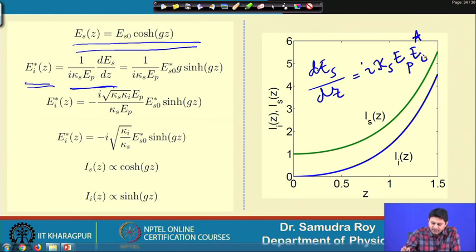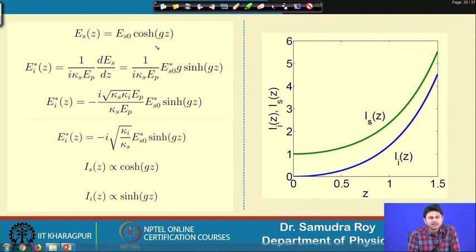So if I try to find E I star, then E I star will simply be 1 divided by I kappa s E p times d s d z. So if I know my E s and take the derivative, this gives me E s star g sinh of g z, over I kappa s E p, and E I star can be represented.